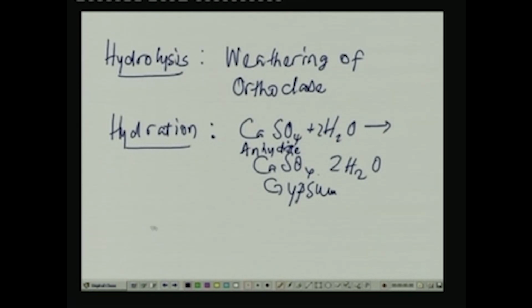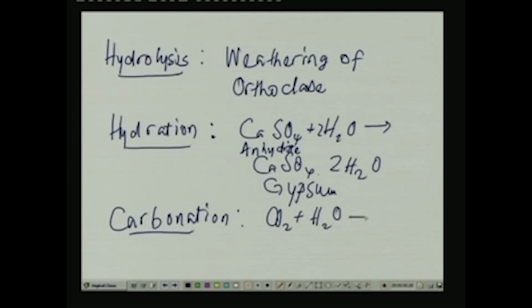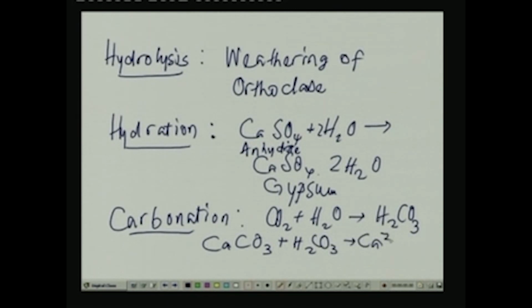Then we have got carbonation. Combination of carbon dioxide in the atmosphere with water forms a mild acid which is called carbonic acid, and that reacts with limestone or marbles, releasing calcium ion and dissolved bicarbonates.